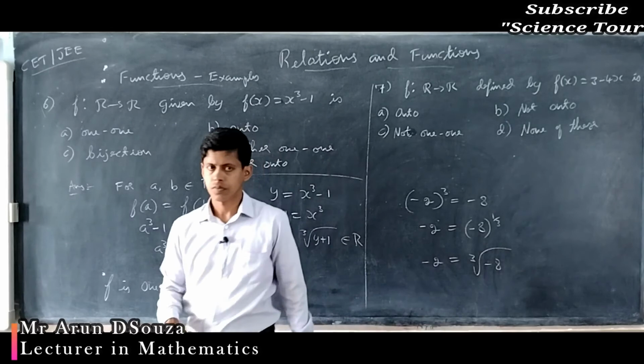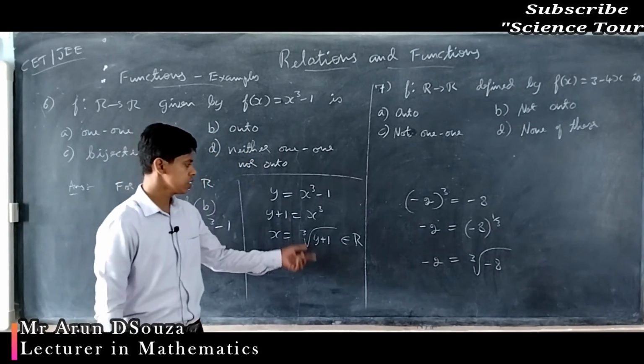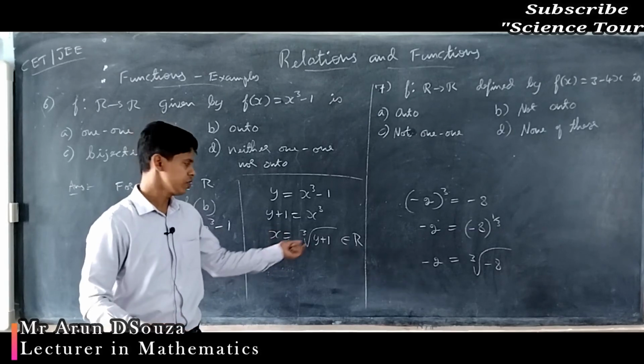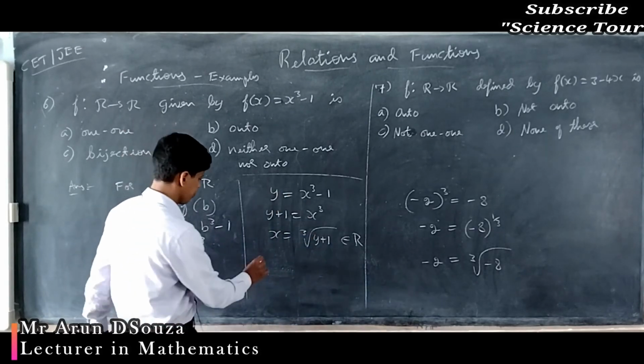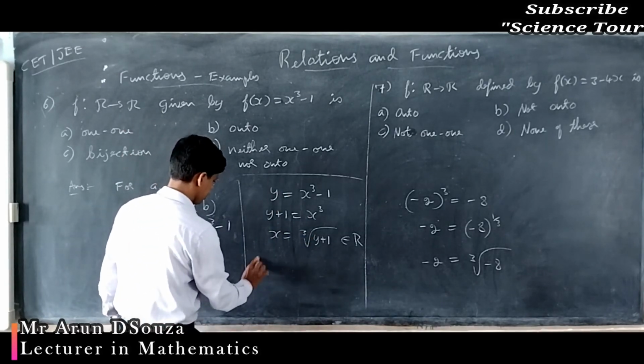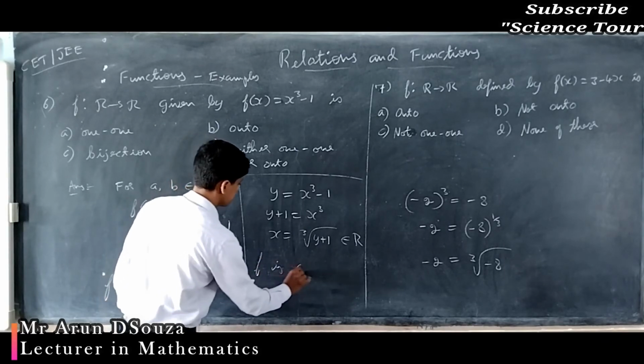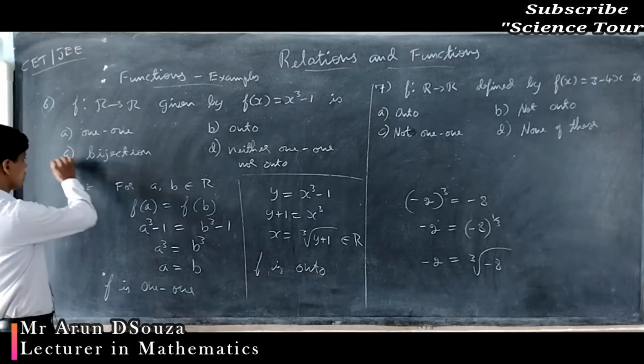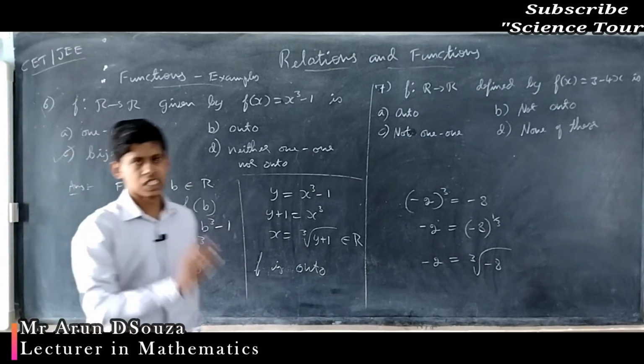It exists, right? So for negatives as well as positives, this quantity is defined. x is defined for any value of y. Therefore, it is onto. All right. So f is onto. Therefore, it is both 1-1 and onto. Hence, it is a bijection.